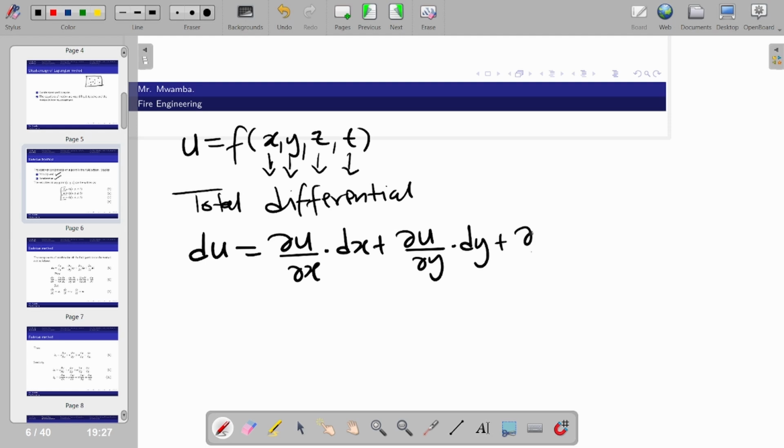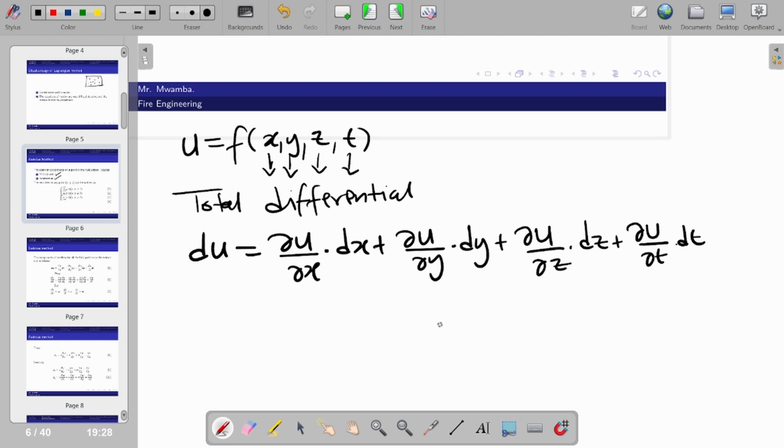It is the partial change in u with respect to z times the small change in z plus the partial change with respect to time times the small change in time. And this is known as the total differential equation.